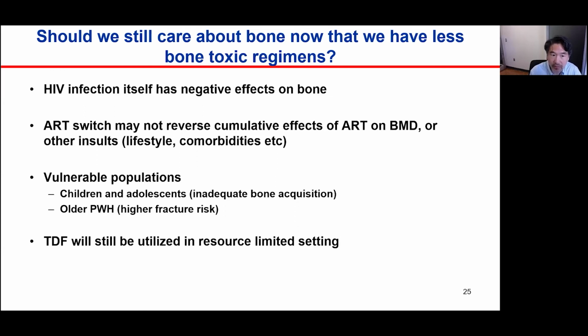I think these vulnerable populations still require us to think about improving management beyond antiretroviral changes. And one last point, that TDF is still widely used in resource-limited settings and may still be for some time to come.